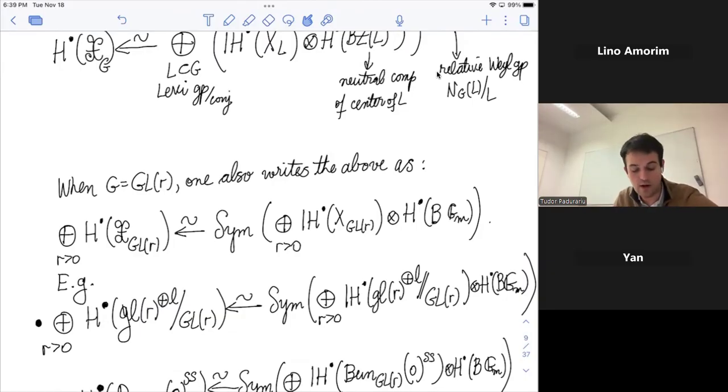So this singular cohomology, this COHA, is isomorphic to the symmetric algebra on intersection cohomology of the good moduli spaces, gl_R^{⊕L} // GL_R. These are singular varieties in general, if L is greater than 1.